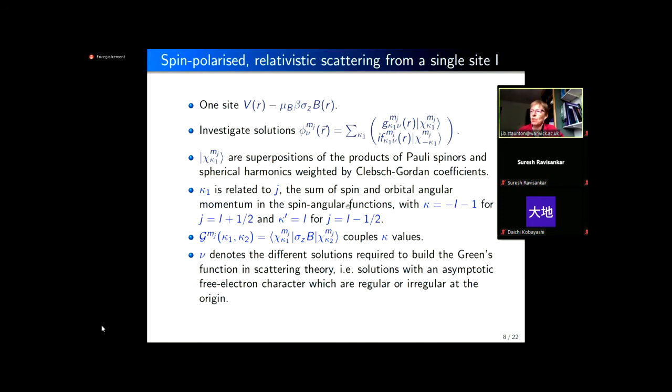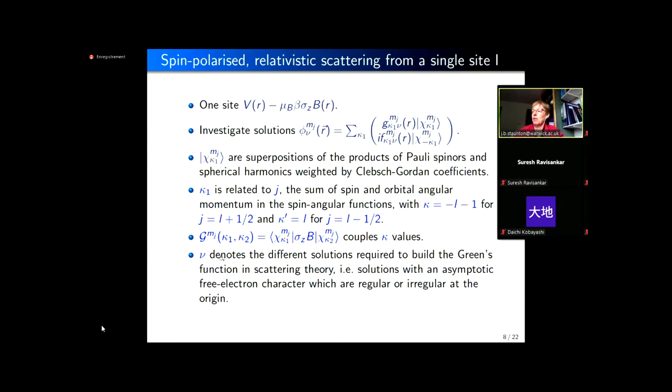However, we've got this spin polarization piece, and that's going to introduce some coupling between the 2 values of J for any given L, so L plus 1/2 or L minus 1/2. Or in other words, with this kappa notation, it's coupling the 2 kappa values that are associated with the given value of L.